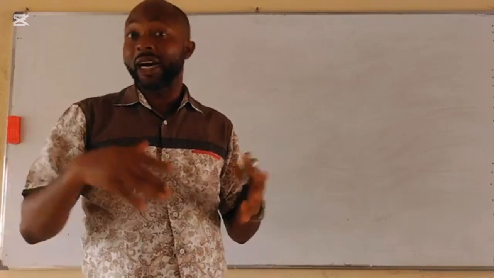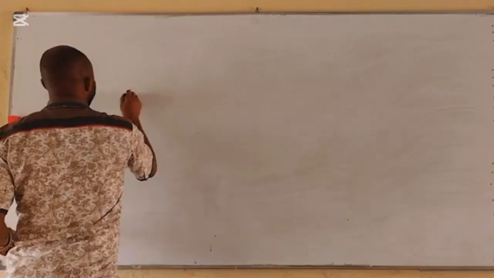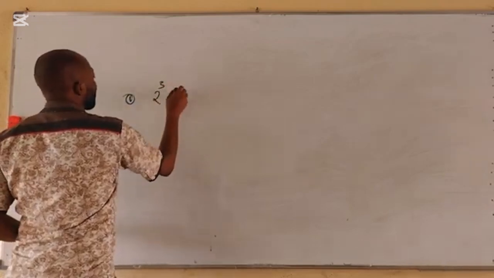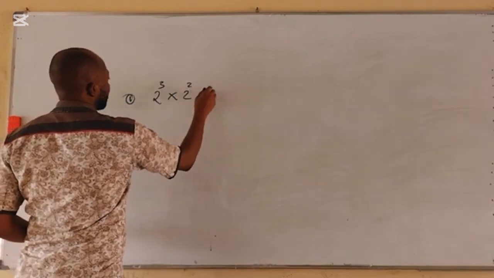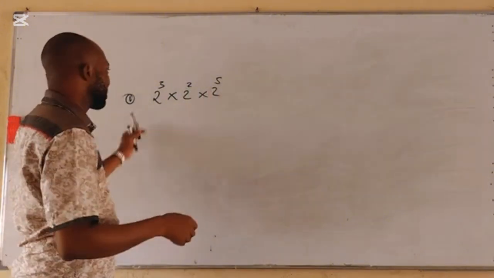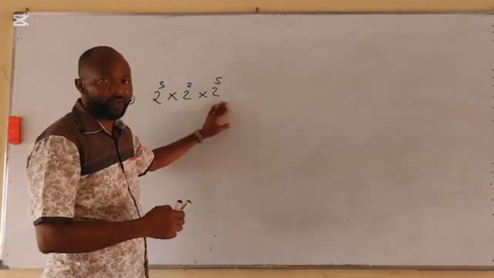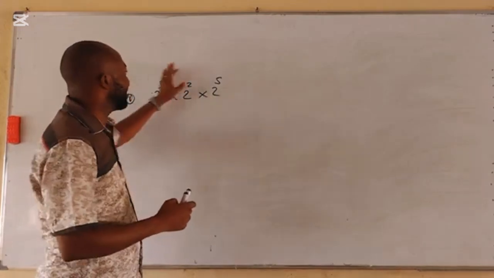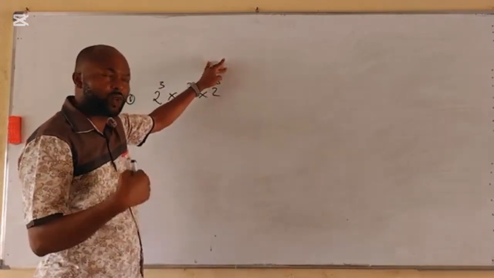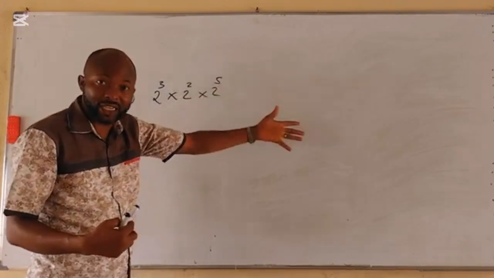Their powers are added. Let's take, for example, 1: 2 raised to the power 3 times 2 raised to the power 2 times 2 raised to the power 5. We say when numbers with equal bases are multiplied, their powers are added. Now, these are the bases of the numbers, and these are their index or the power. That's why we call it indices. We focus more on the power, which is the index.